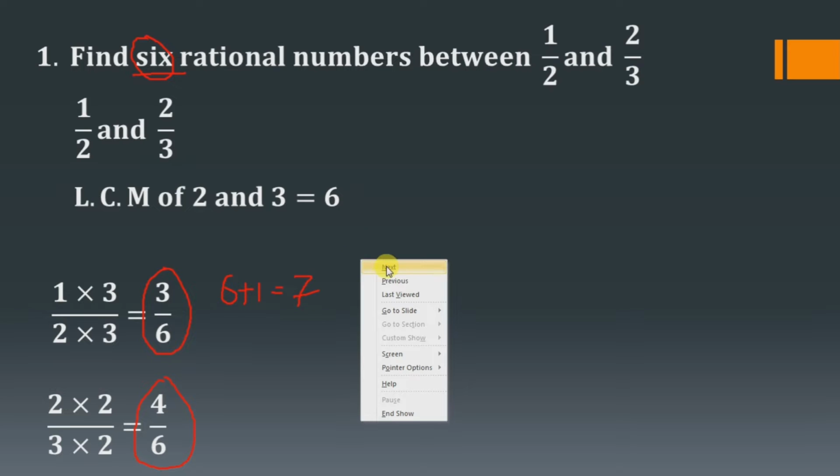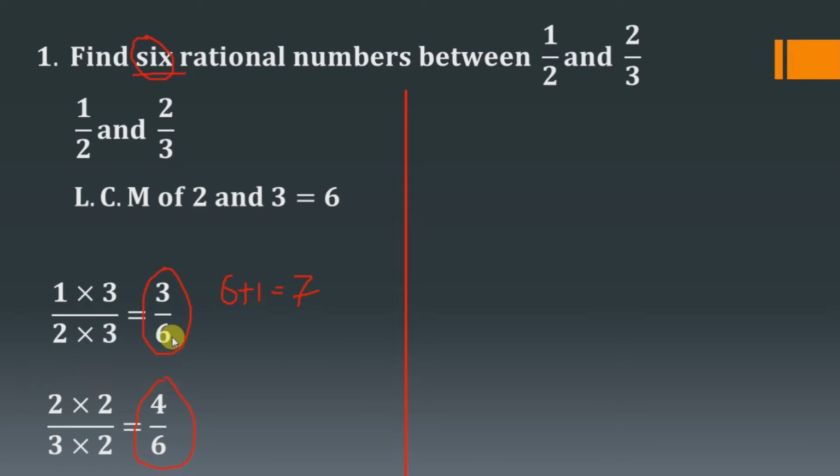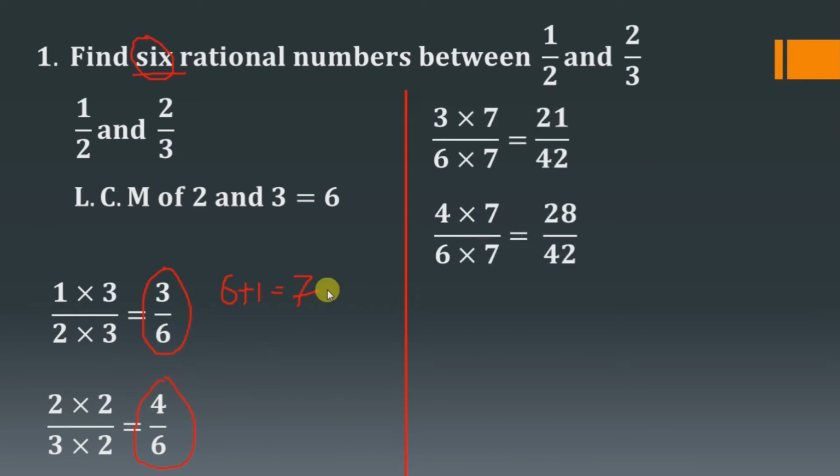So now multiplying 3 by 6 and 4 by 6 by 7, I'll get 3 7s are 21, 6 7s are 42, 4 7s are 28 and 6 7s are 42. Now I need to insert 6 numbers in between 21 and 28, and those numbers are 22, 23, 24, 25, 26, 27.